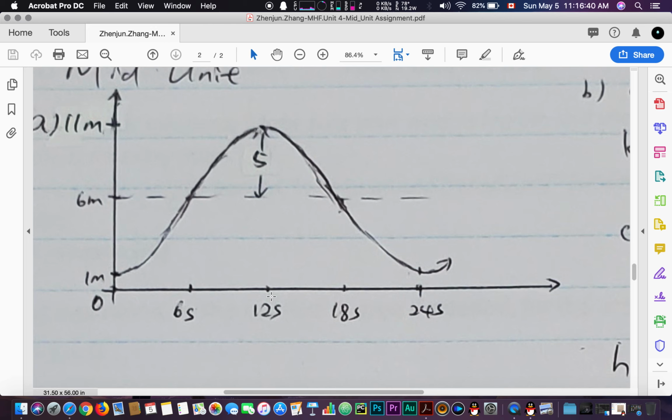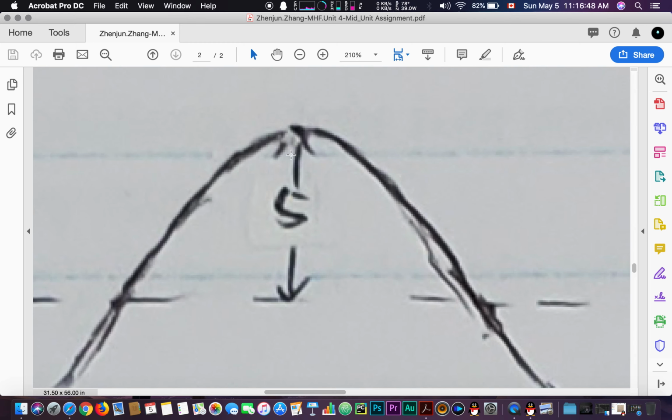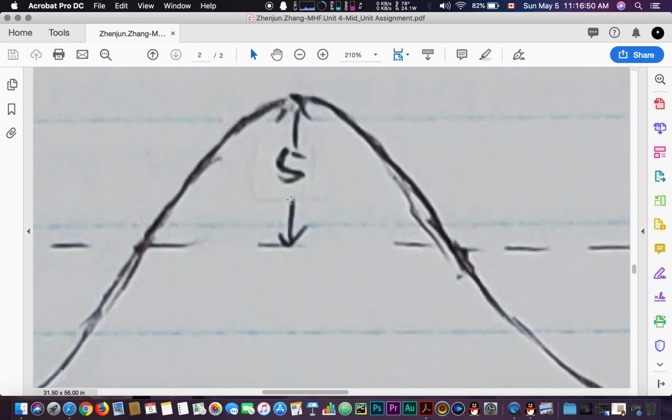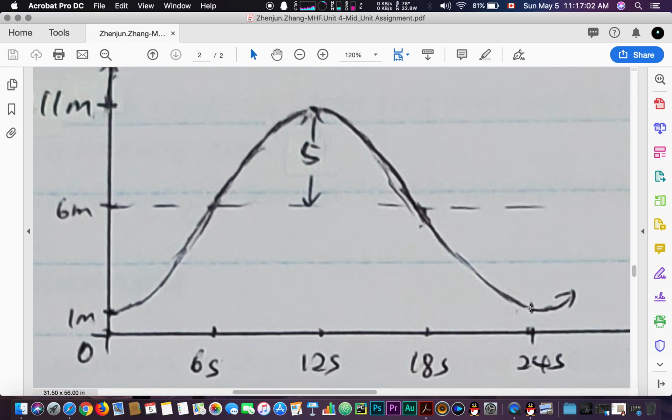And at 12 seconds, we reach our local maximum. That's 5 meters, which is the radius, here, and then we have 1 meter here. So 1, 11, 1.